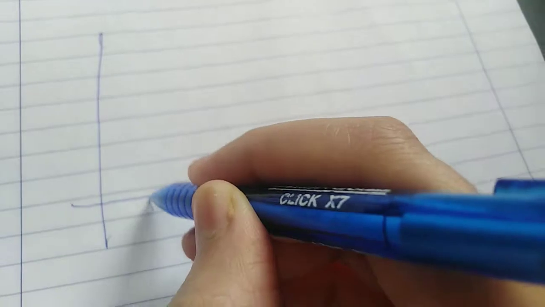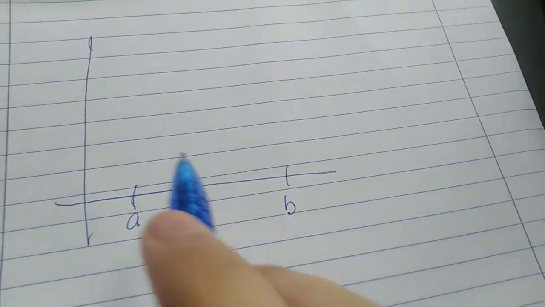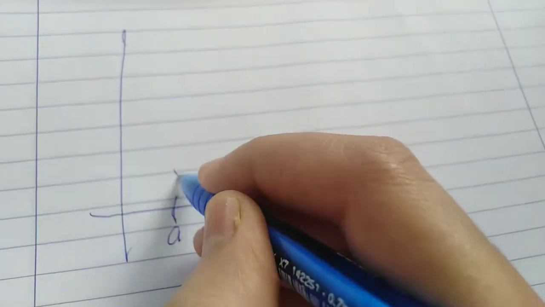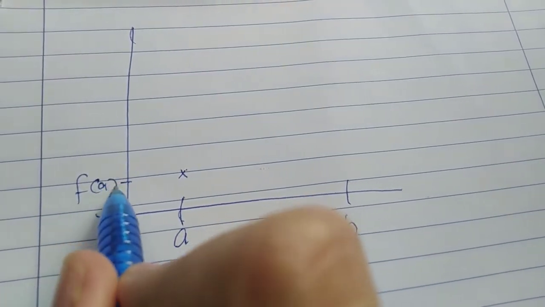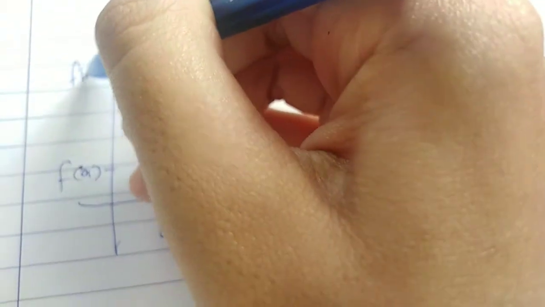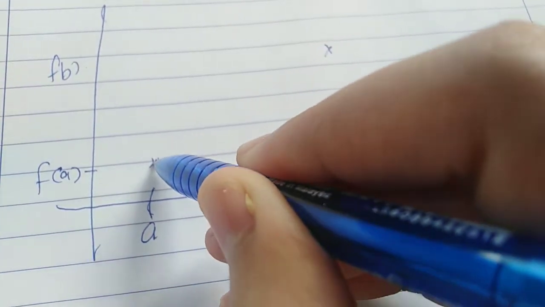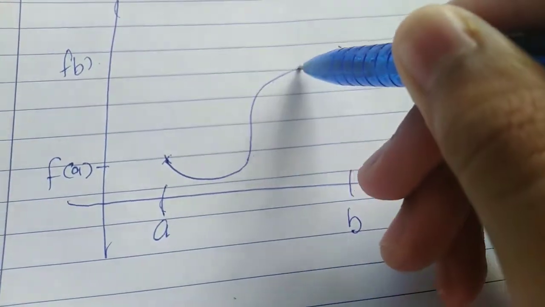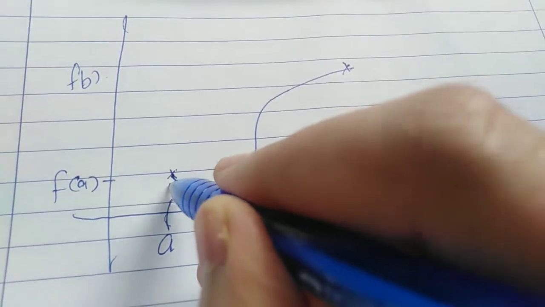So we have a and b, where a is less than b, and we have f(a), which is also less than f(b). I'll show you f(b). So we can make the graph a continuous graph. Let me do it like this. Alright, so we have the secant line here.